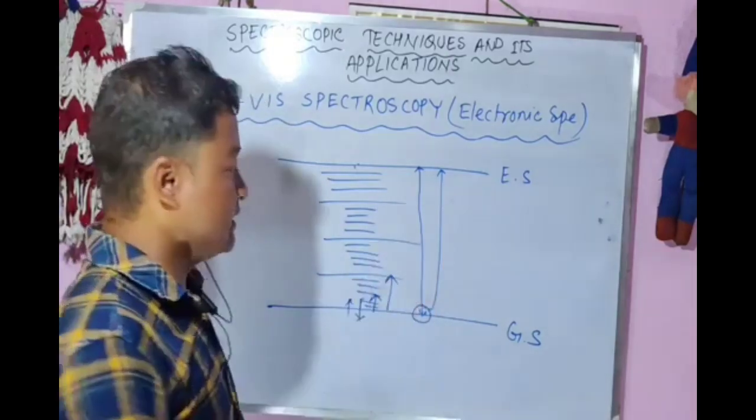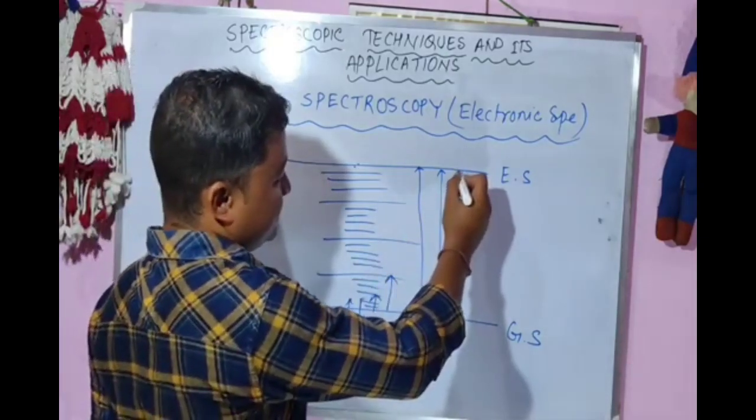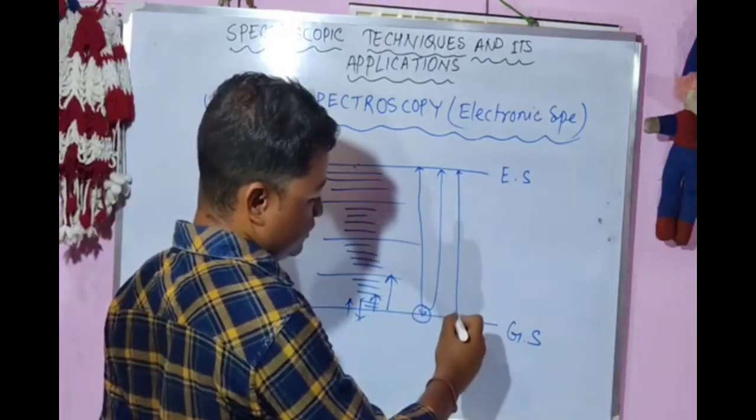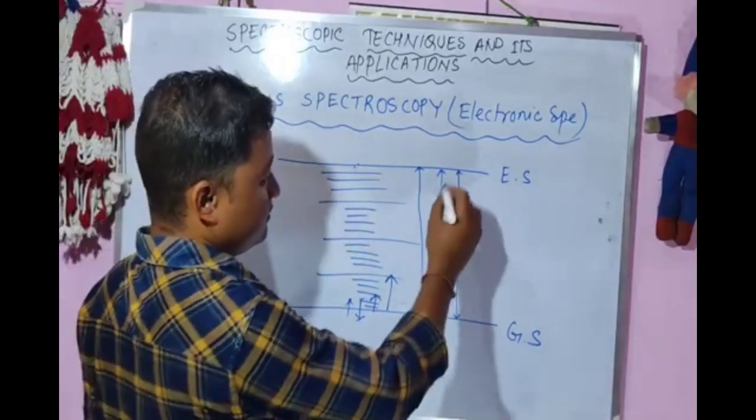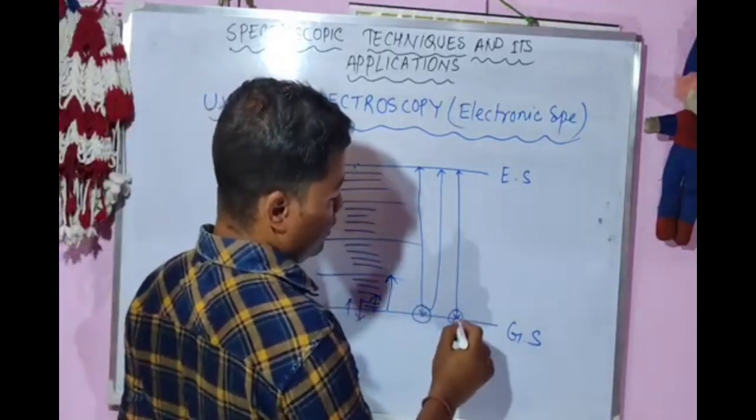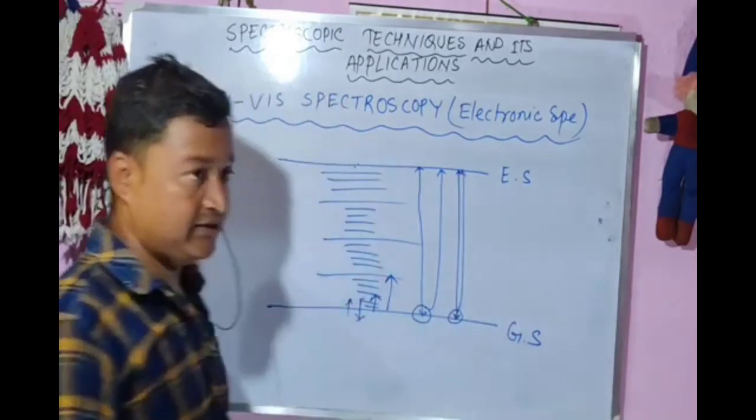Okay, so when a molecule accepts energy from the electromagnetic spectrum which matches the frequency of the two energy levels, then the electron jumps from one energy level to a higher energy level.